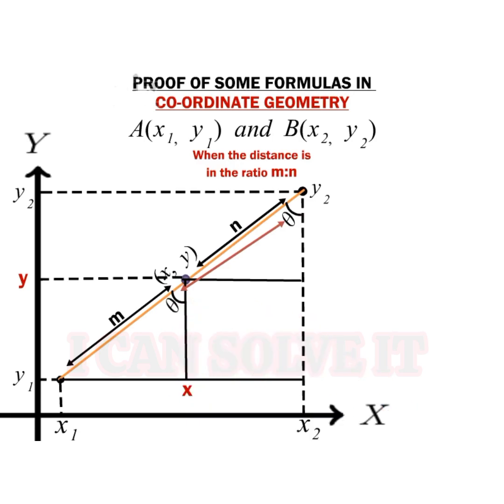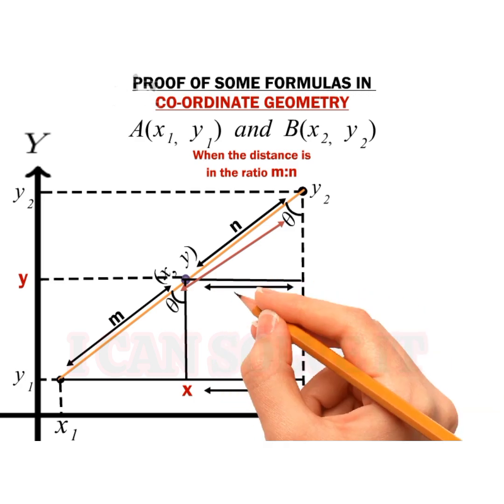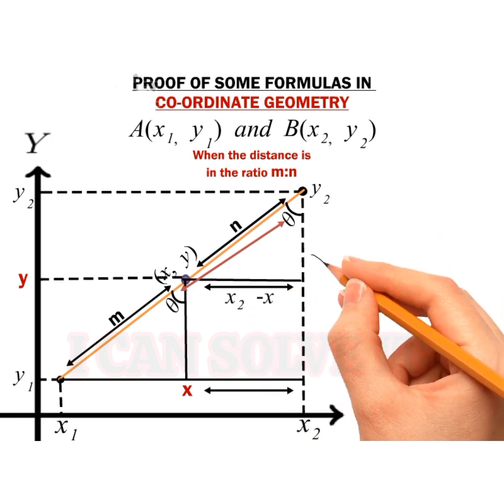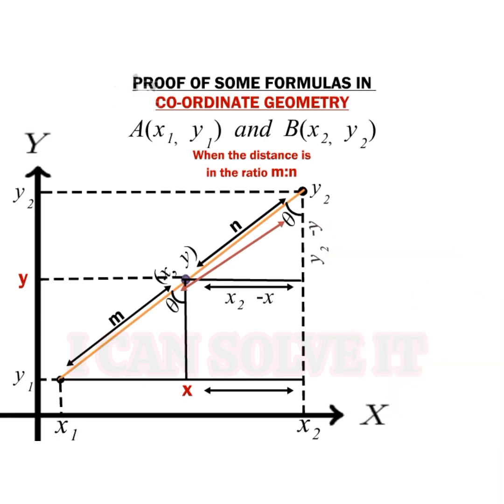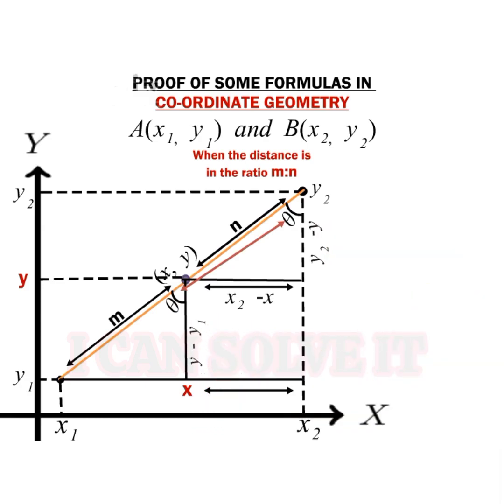The distance between x2 and x is x2 minus x. Also, the distance between y2 and y is y2 minus y. The distance between y1 and y is y minus y1, and the distance between x1 and x is x minus x1.